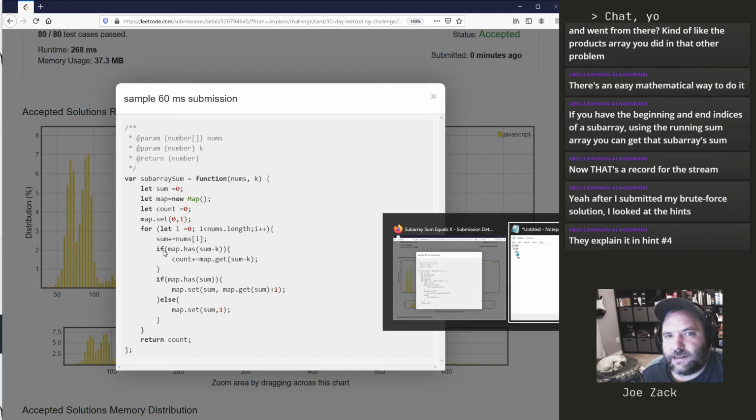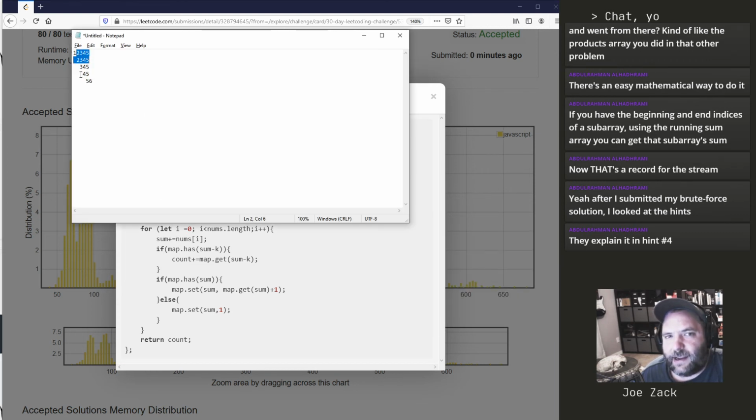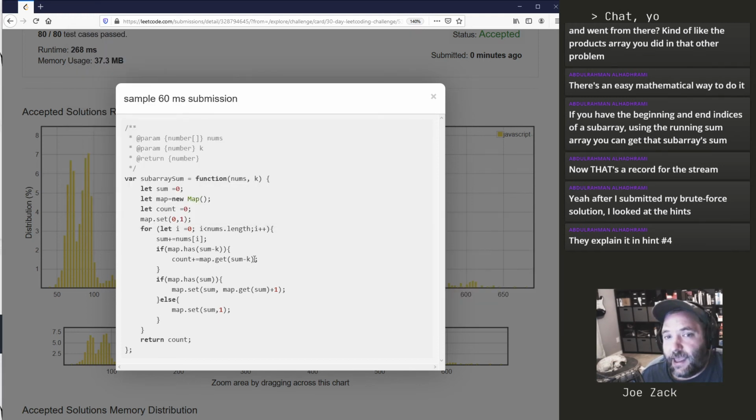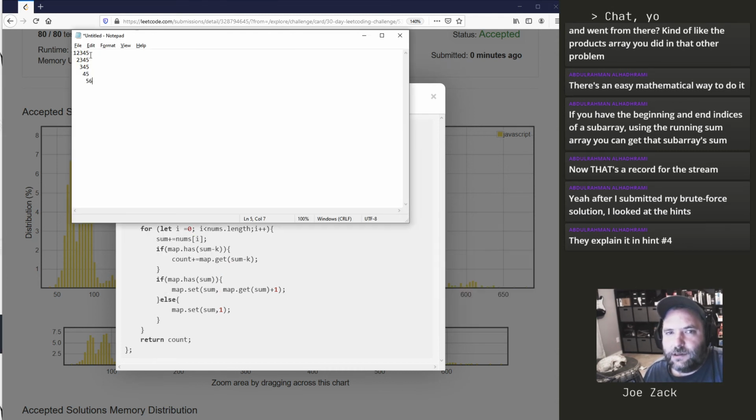So instead of subtracting and backing out these numbers, which is what I was thinking, they're subtracting the K and seeing if that number has existed as a subarray before. So I still don't fully grok it, but I think that's the trick there. That's how they reduce the triangle.